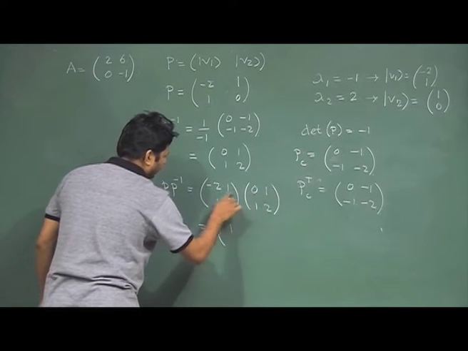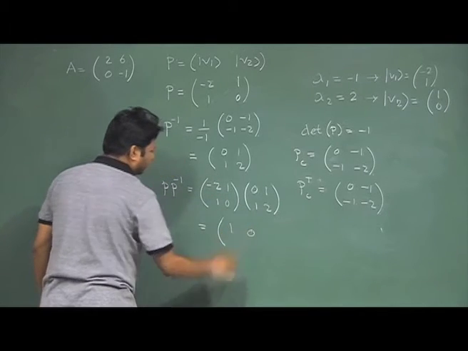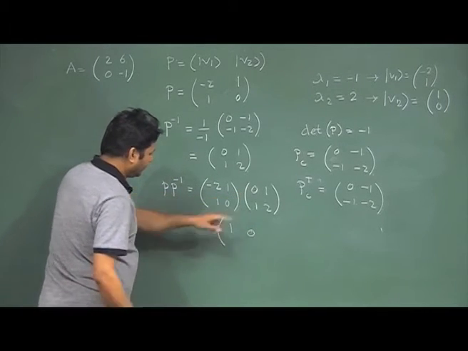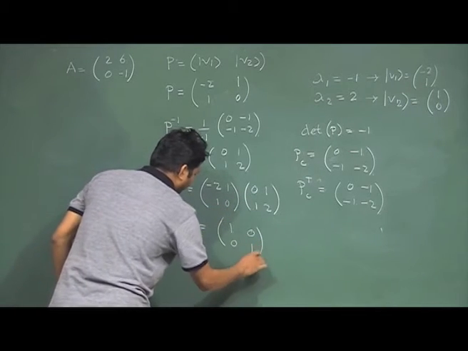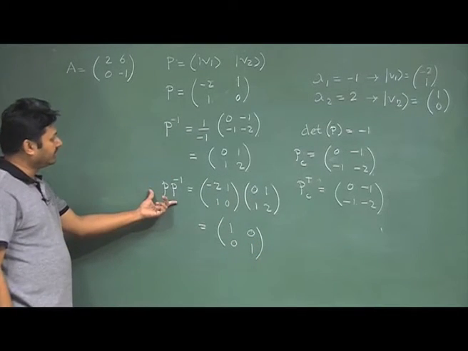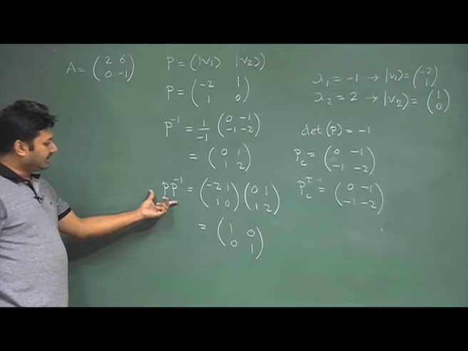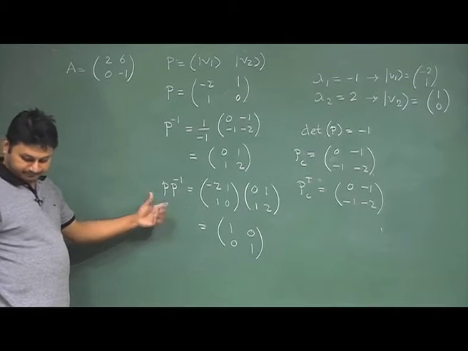Minus 2 into 1, 1 into 1, 2 into 1, this is 0. 1 into 0, 0 into, so it is 0, 1 into 1, so it is coming. So the P inverse I get is the correct one.